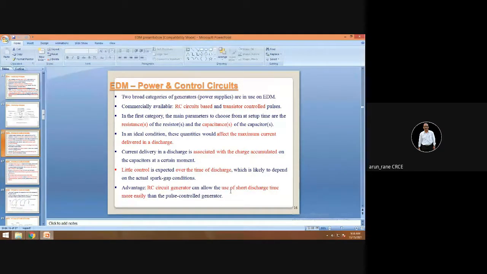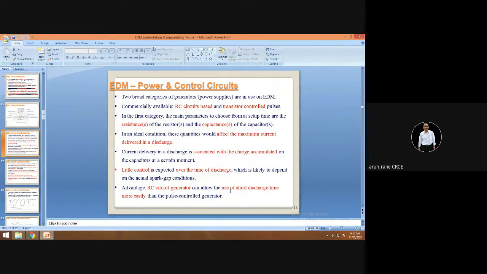Then the power supply or the power unit is generally an RC circuit. You have learned this in physics. There are three types of circuits. One is pure resistive, another is pure inductive, and third is pure capacitive.